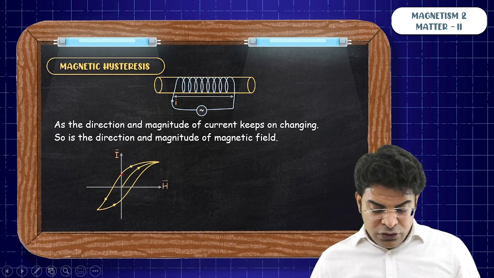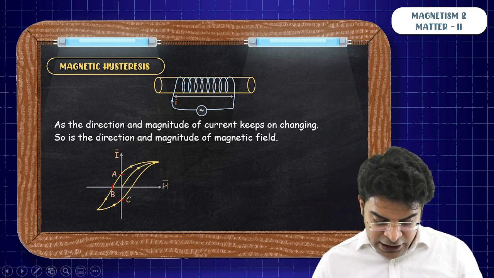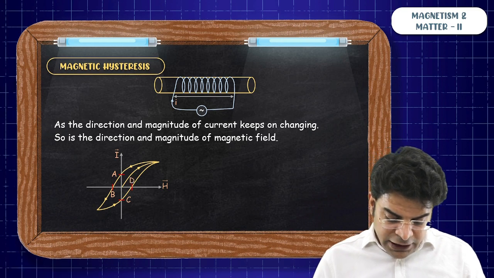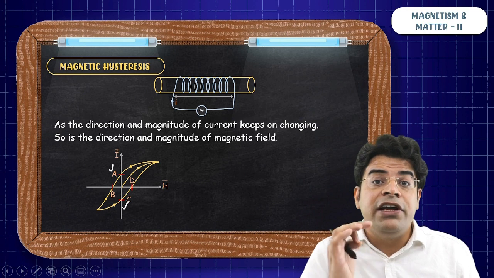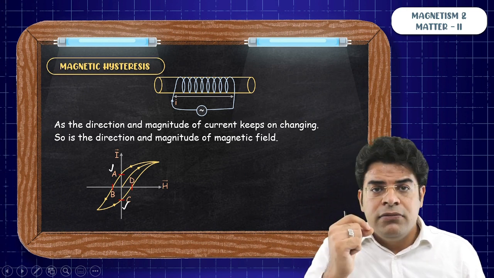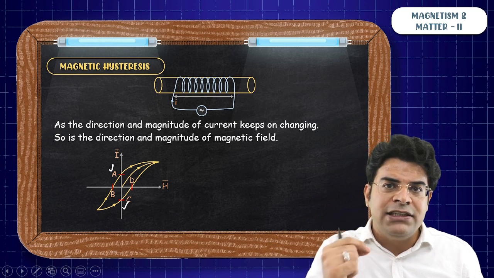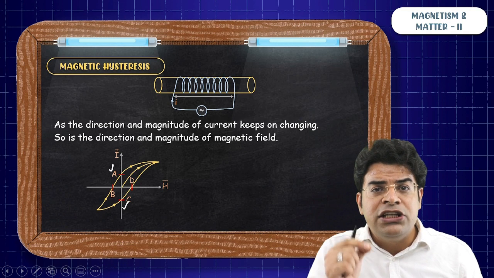Now here we should know about these points A, B, C and D. Here, points A and C represent the retentivity of the material. Retentivity, also called remanence, is the intensity of magnetization that persists even when the magnetizing field intensity has dropped to zero.